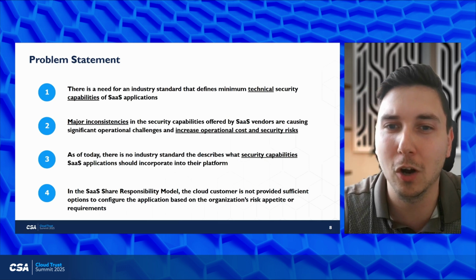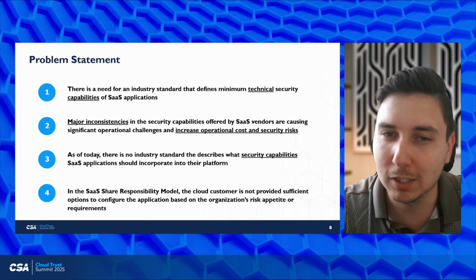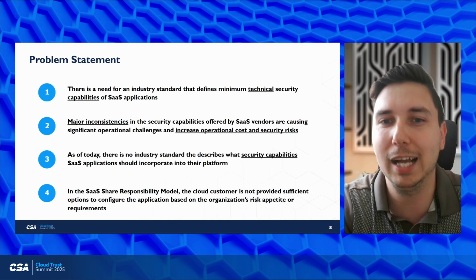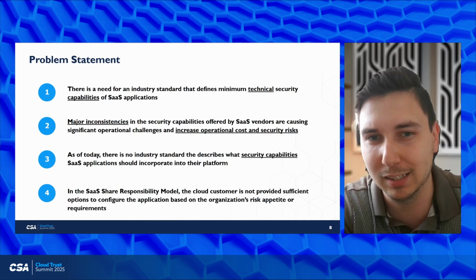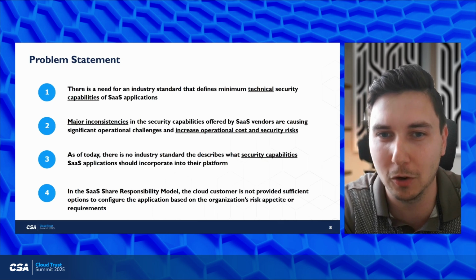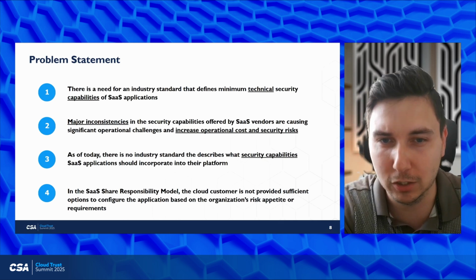So going back to the shared responsibility model, SaaS vendors don't always provide the correct capabilities to their customers to properly control and enable security features, which is a nice segue to our proposed solution. So let me pass it to Jonathan, who will explain it in more detail.